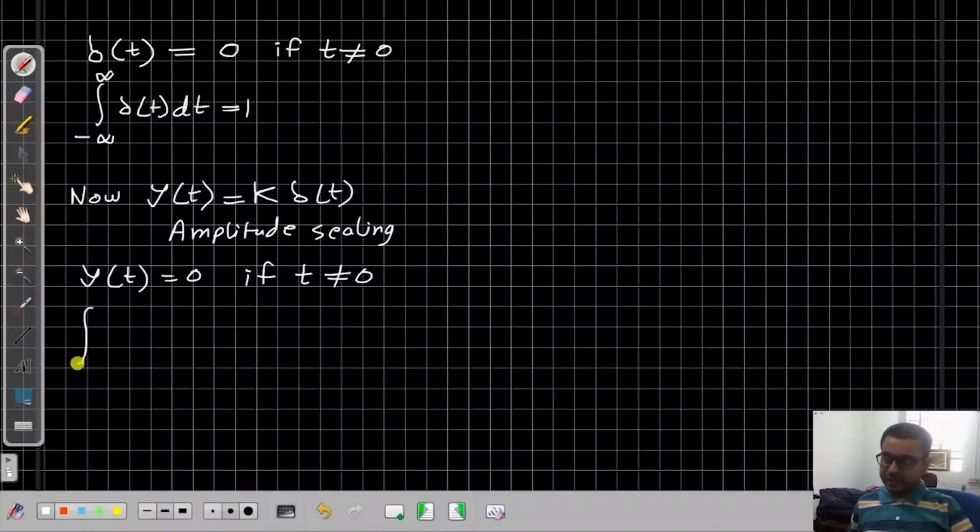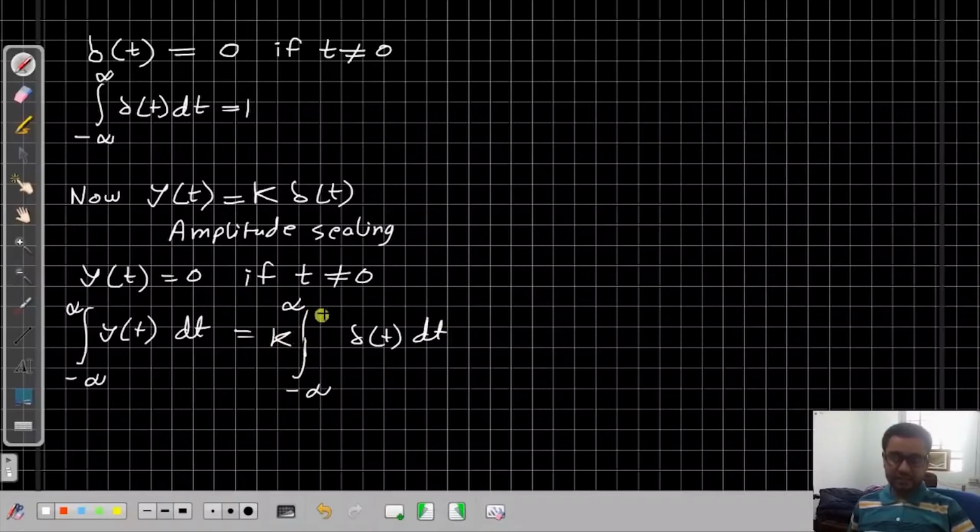However, the area under this curve y(t) dt from minus infinity to infinity is the same as the area under k delta(t) dt, and since k is a constant, I can take k outside, and this integration is 1, therefore this is equal to k.